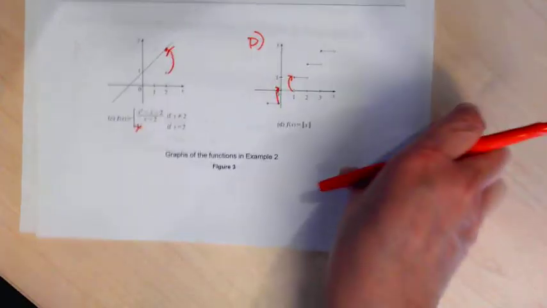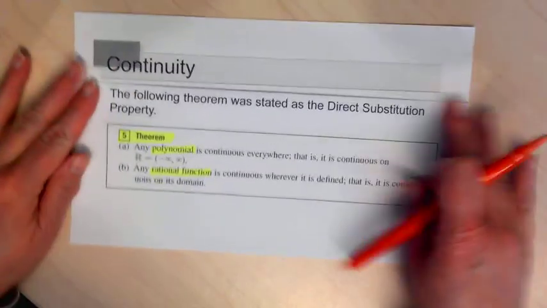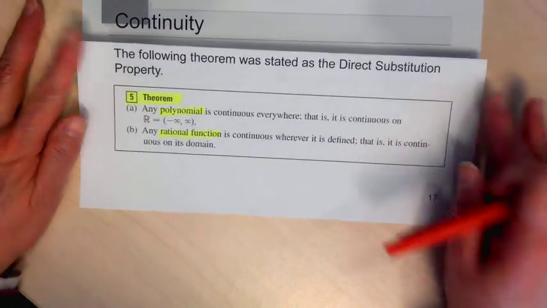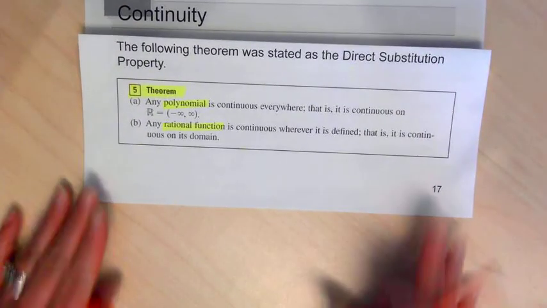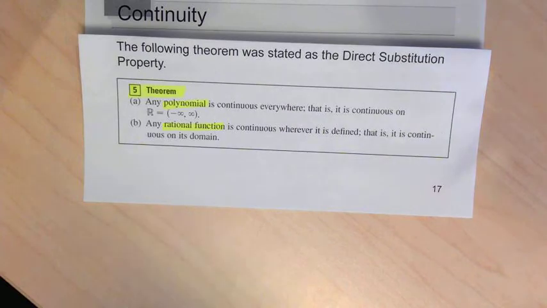Let's look at a couple theorems quickly. Using direct proof, we could find a proof for this theorem that any polynomial is continuous everywhere. That is, it's continuous on all real numbers from negative infinity to infinity. So if a function is a polynomial, it's given that it's continuous.